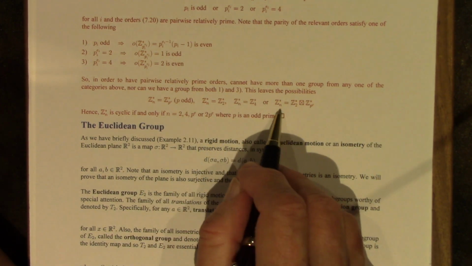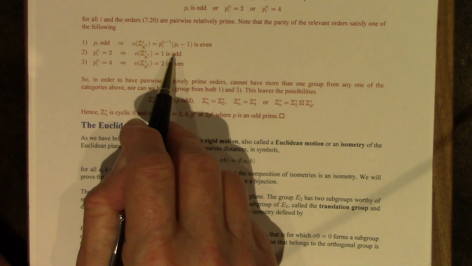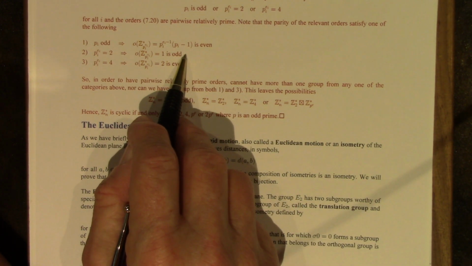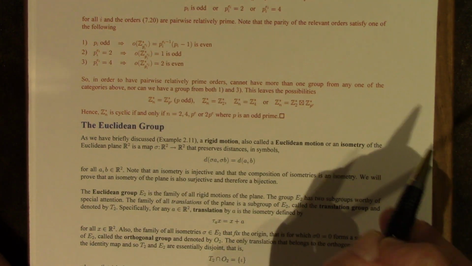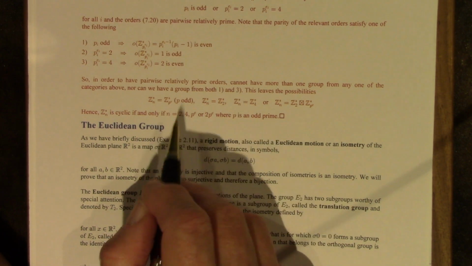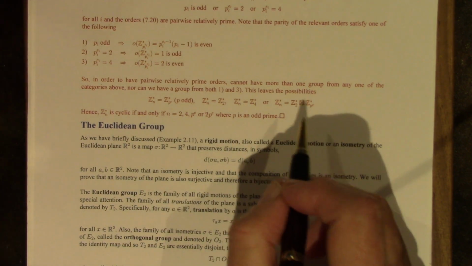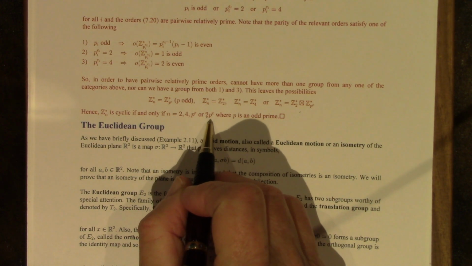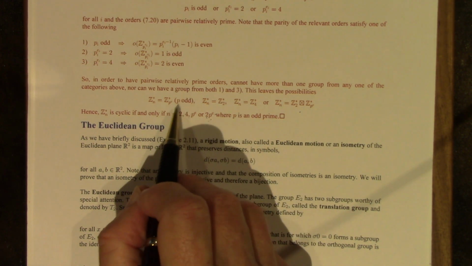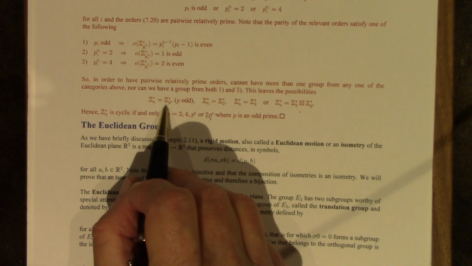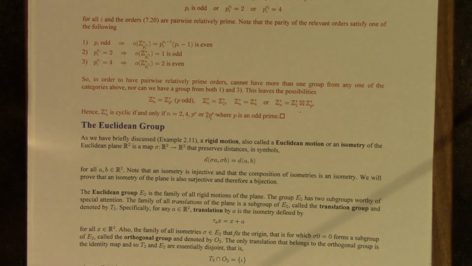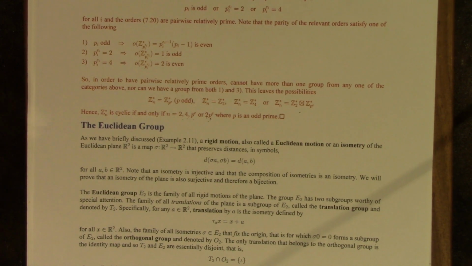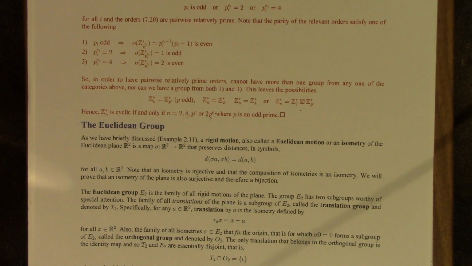So you can have Zn star from number 2 and from number 1, and this has order 2 times p to the e. So I've got 2 times p to the e, I've got p to the e, I've got 2, and I've got 4. And that's it. So there you are. That's the proof, and I told you it was not easy.